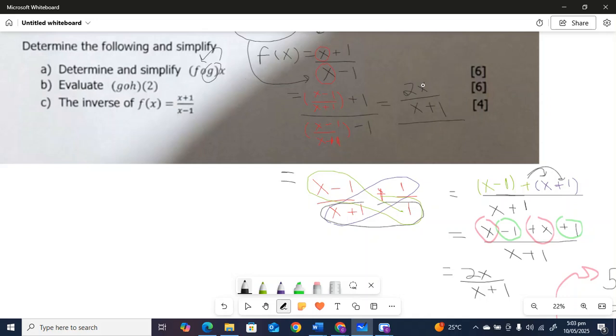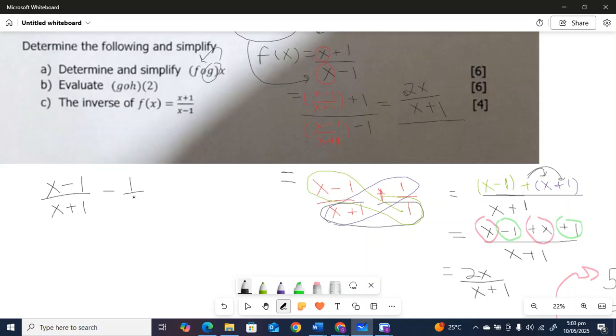It's the same as solving for the denominator. Can I show you first for the denominator? Yeah, it's just the same method. So we come to our denominator here, x minus 1 over x plus 1 minus 1.